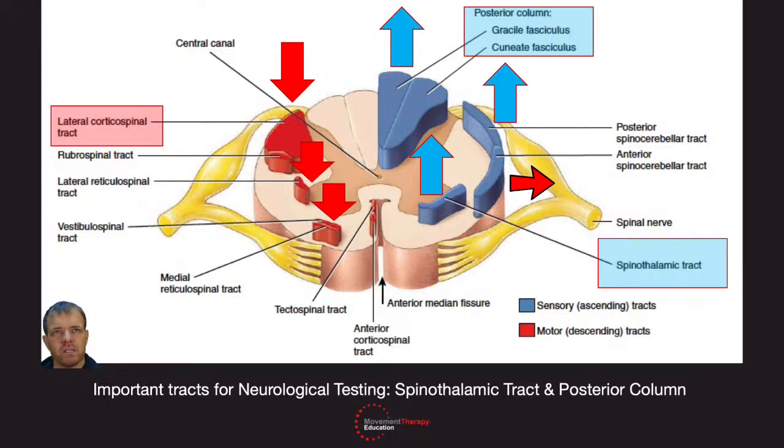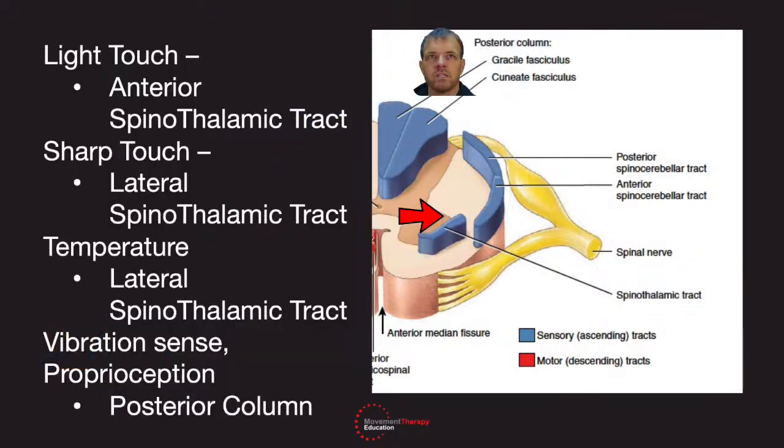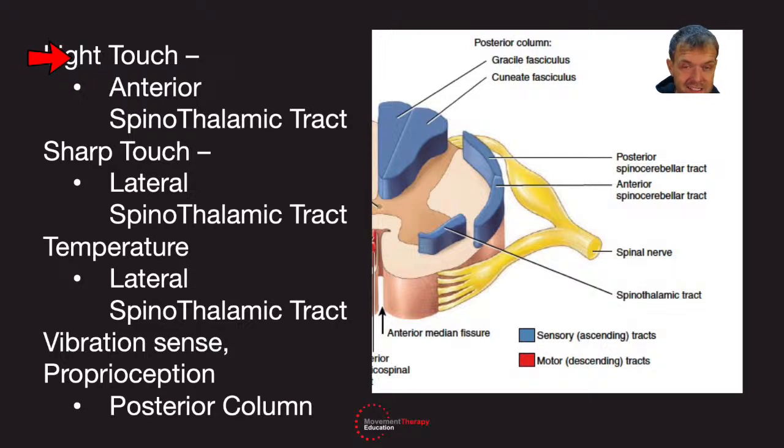So information is coming in here, and depending on what the information is, it will choose which elevator it goes up in. Now, which elevator is which? We've got light touch, so touching with a piece of cotton wool, or I use a makeup brush, and that information travels up the anterior spinothalamic tract.